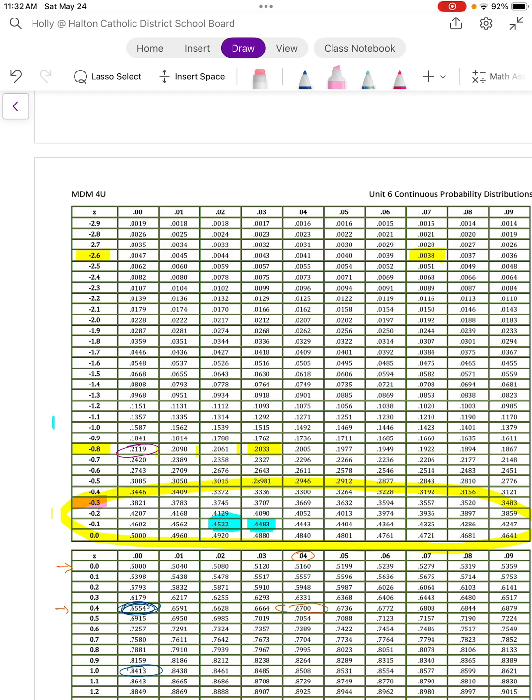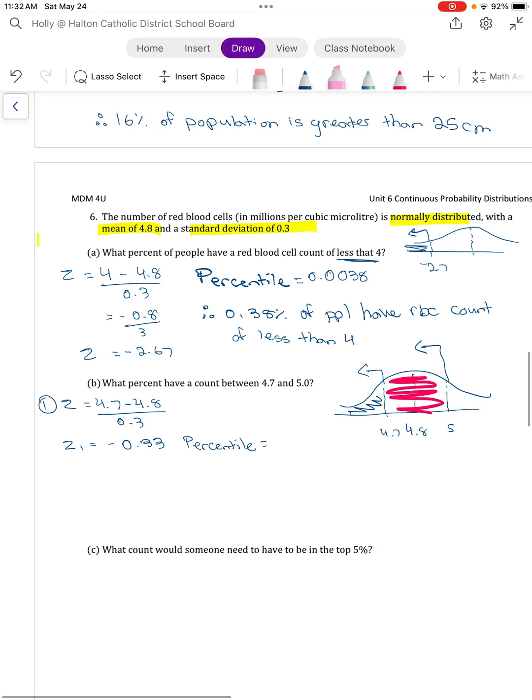Negative 0.33 would take me to 0.3707. So this here has an area under the curve of 0.3707.